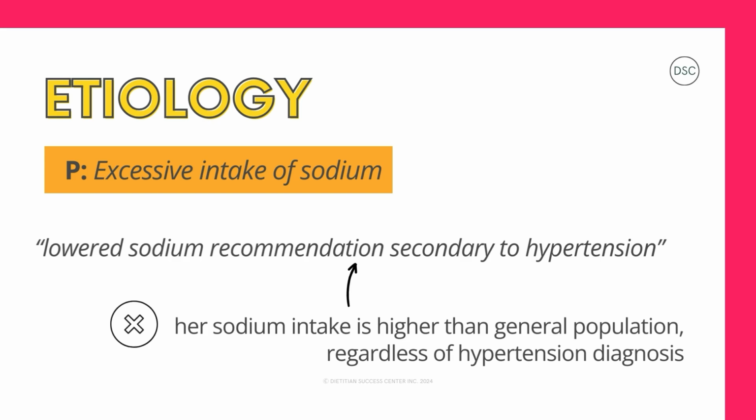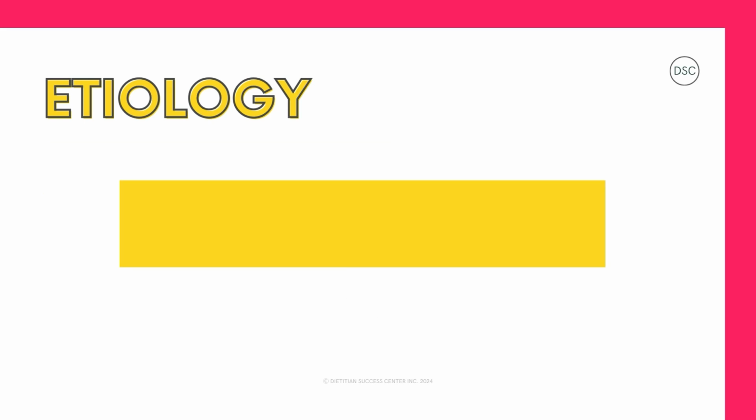She's eating about 4,000 milligrams of sodium per day versus 2,300 milligrams per day for the general population and 2,000 milligrams per day for individuals with hypertension. So her sodium intake is higher than the general population, regardless of her hypertension diagnosis.